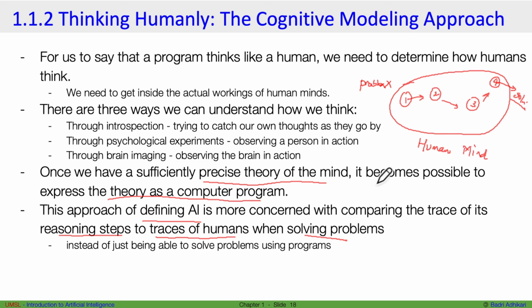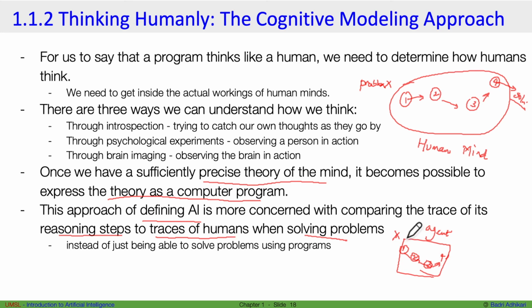Then with this approach to AI, what we want to do is design agents that can solve the same problem X by following the same 4 steps, 1, 2, 3, and 4.